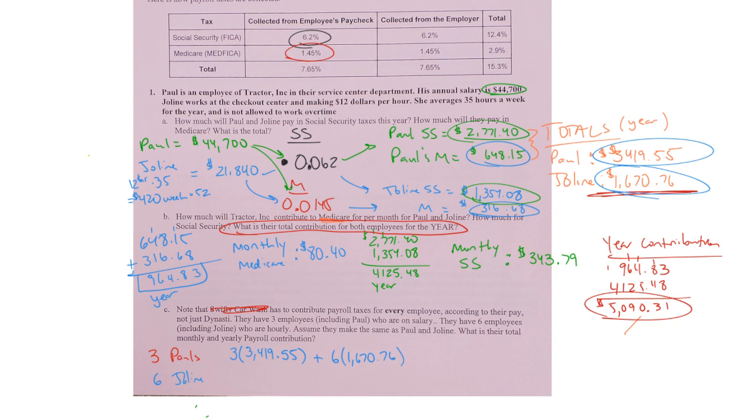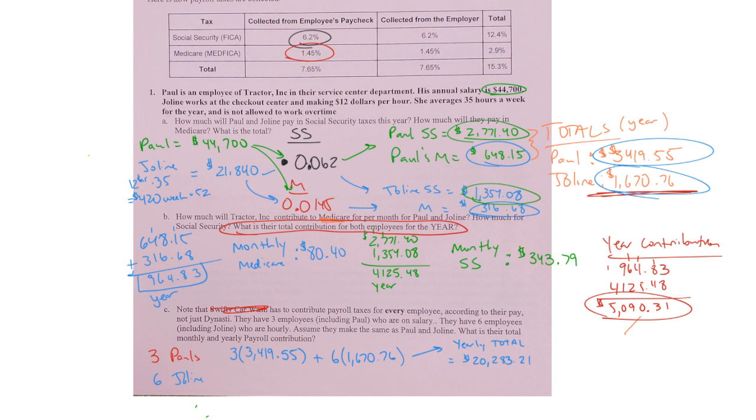So their total monthly and yearly. So this is yearly. So yearly total is going to be equal to $20,283.21.